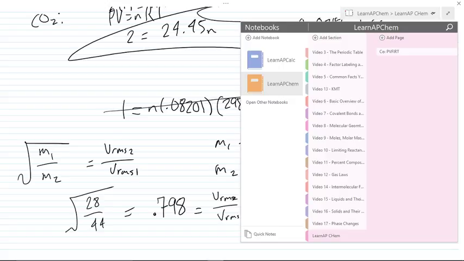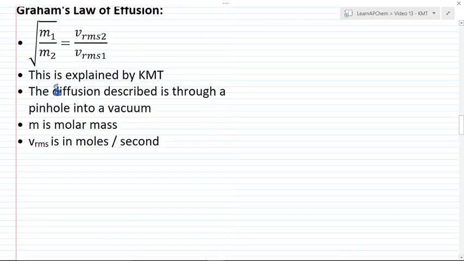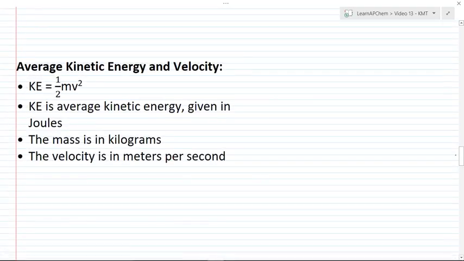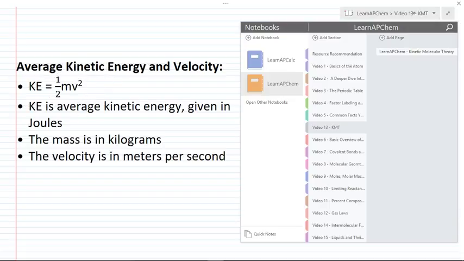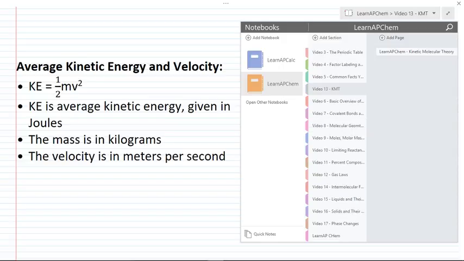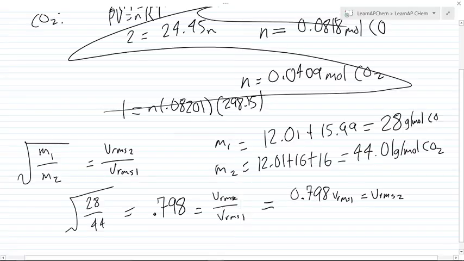But we can move on. Yeah, kinetic energy, 1/2 mv squared. I believe that's what it turned out to be. So VRMS2, yes. Let me know if that conflicts with what you're getting.